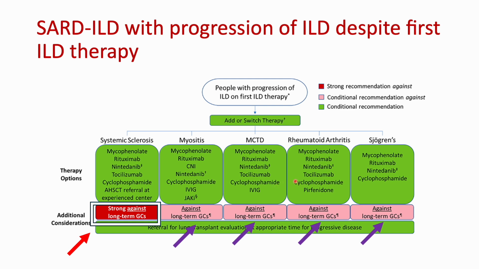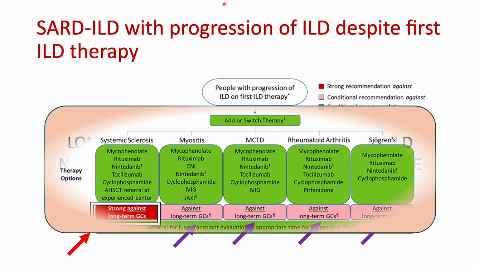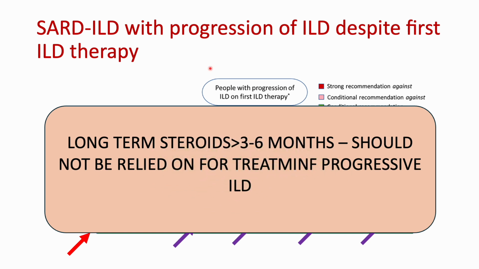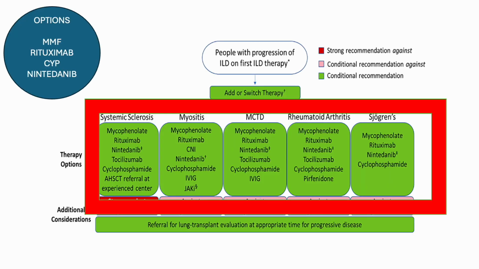For rheumatoid arthritis, pirfenidone over nintedanib, so both are mentioned here. And Sjogren's disease: mycophenolate, rituximab, nintedanib, and cyclophosphamide. In a nutshell, long-term steroids, more than 3 to 6 months, should not be relied on for treatment in progressive ILD. That is something to remember.